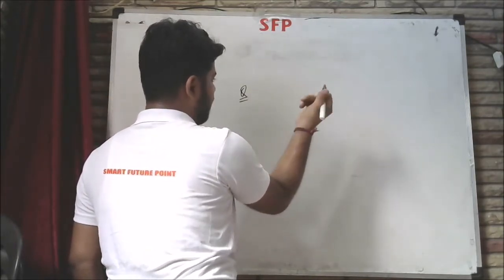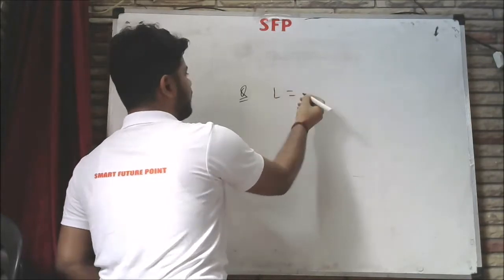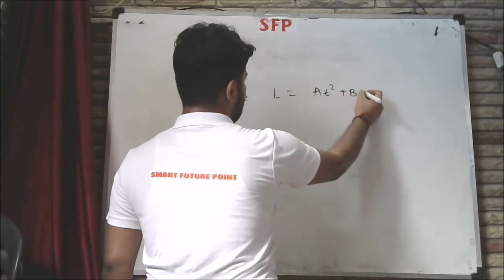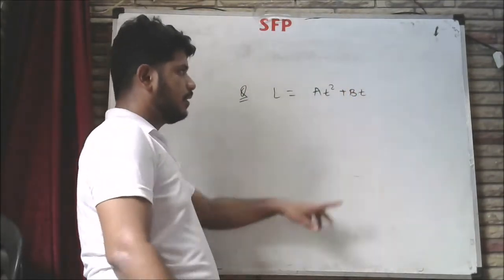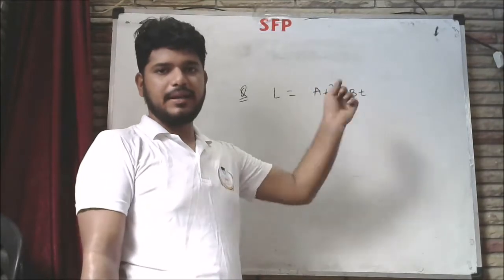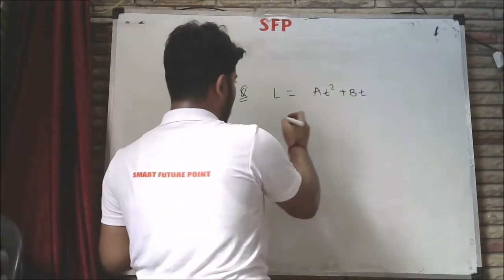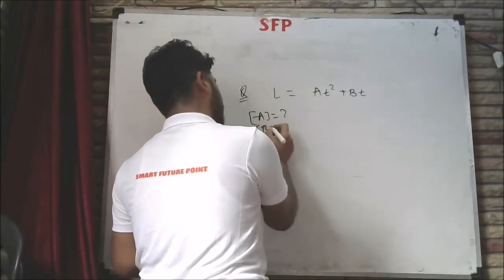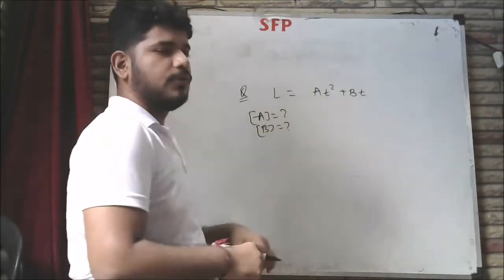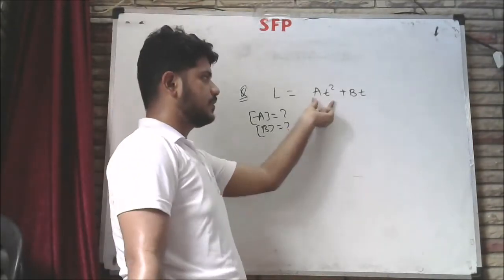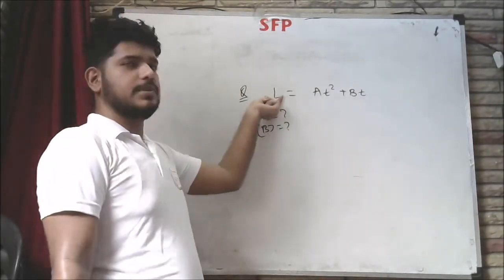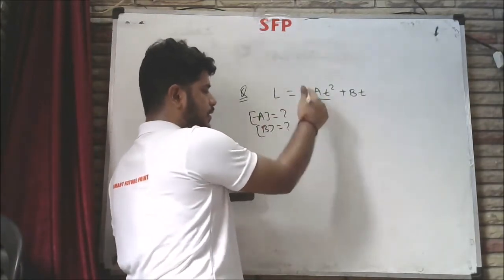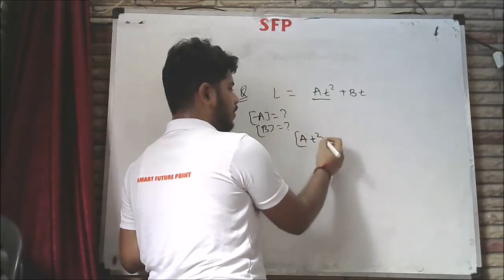For example, if I say that length is represented by at square plus bt, where t is time, and a and b are two constants. We have to find the dimension of a and the dimension of b. And we know according to the principle of homogeneity, the dimension of this will be the dimension of this. So if this is length, it means at square must be length.